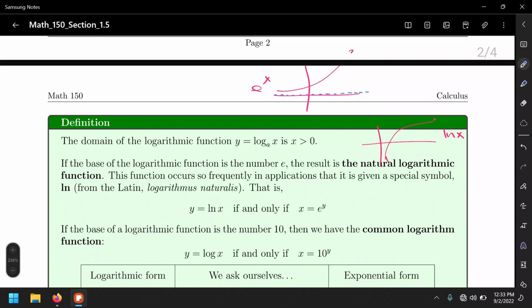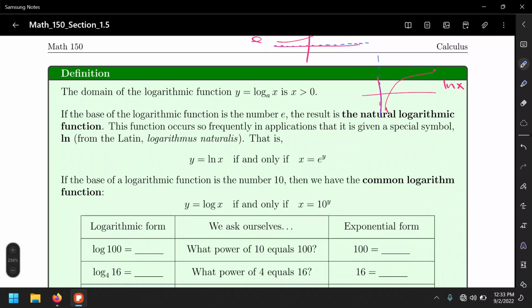But in this case, if e to the x is this graph and has a horizontal asymptote, its inverse has to have an asymptote in the other direction. So it has a vertical asymptote for which we never touch that 0, because ln of 0 is actually an undefined value.